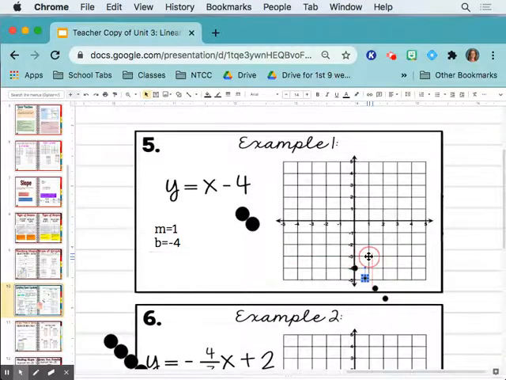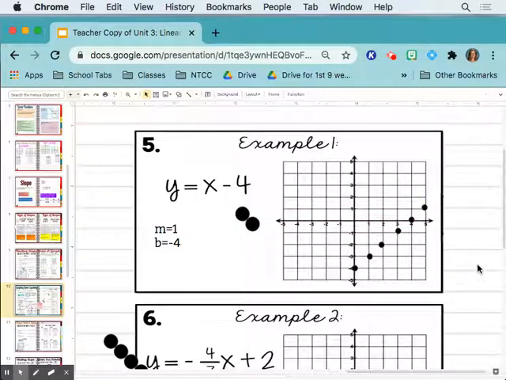So you rise 1, run 1. Rise 1, run 1. Rise 1, run 1. And then you can also go down 1, left 1.